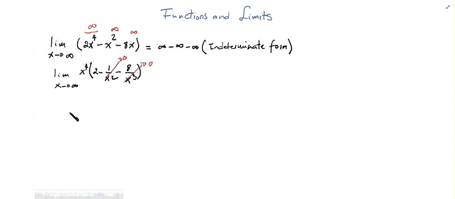So we still have the limit as x tends to infinity of 2x to the power 4. That's what we have remaining. Now when x tends to infinity, this tends to infinity, and times 2 it is still infinity, and our result is infinity. That's the limit of this function when x approaches infinity.